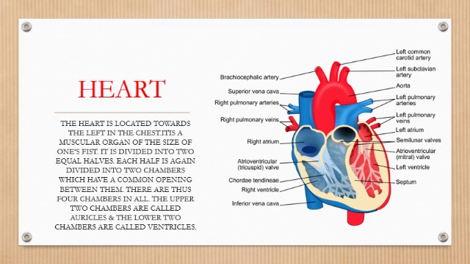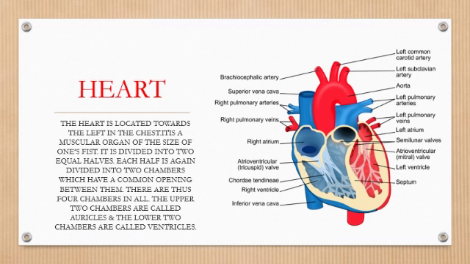In the same way, all the veins carry the impure blood, that is carbon dioxide rich blood, except the pulmonary vein. Here you can see this. The largest artery is nothing but called the aorta.